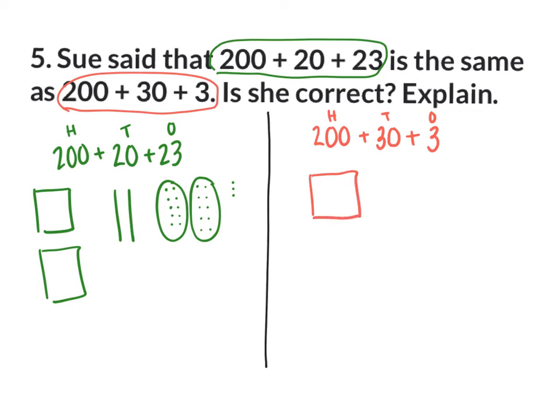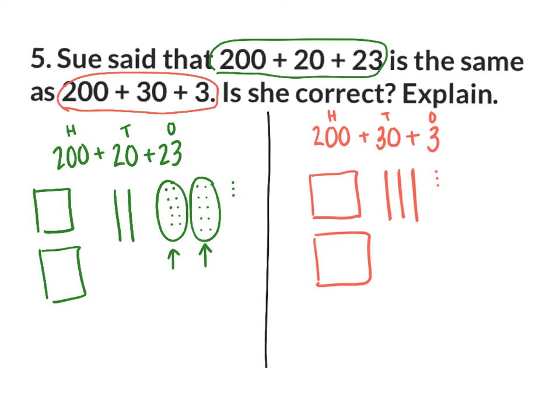So 200 would be 2 hundreds blocks. 30 would be 3 tens blocks because we have 10, 20, 30. And then we have 3 ones blocks. 1, 2, 3. Take a moment to look at these. Notice on this side, I circled my ones that add up to 10.